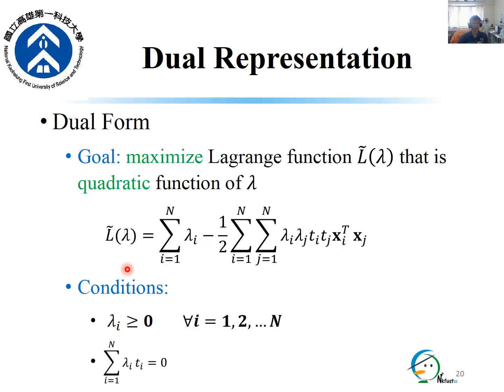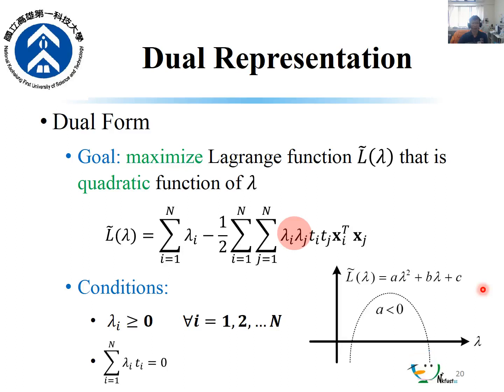This Lagrange function is the quadratic function of Lagrange multiplier. So you can consider this equation as in the form of A times lambda square plus B lambda plus C, where A is less than 0.